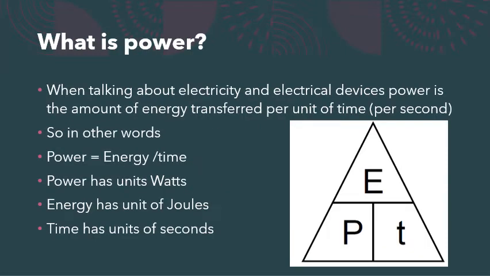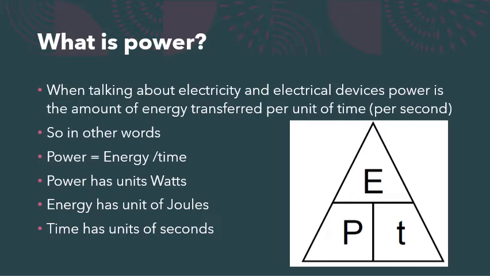So what is power? When talking about electricity and electrical devices, power is the amount of energy transferred per unit of time, which is per second. So in other words, power is equal to energy divided by time. Power has the units of watts, energy has the units of joules, and time has the units of seconds.